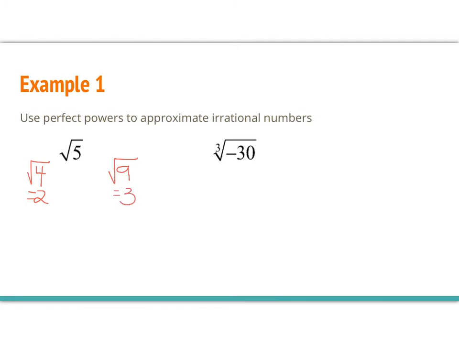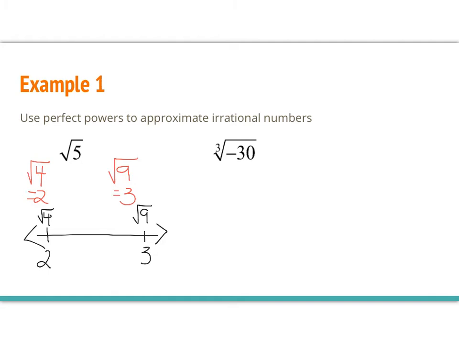So root 5 is trapped between those numbers. What we do is we draw a number line, and we're going to include our roots on there. So the square root of 4 and the square root of 9. And I know that the square root of 4 is 2 and the square root of 9 is 3. So I'm going to put all of that information on.